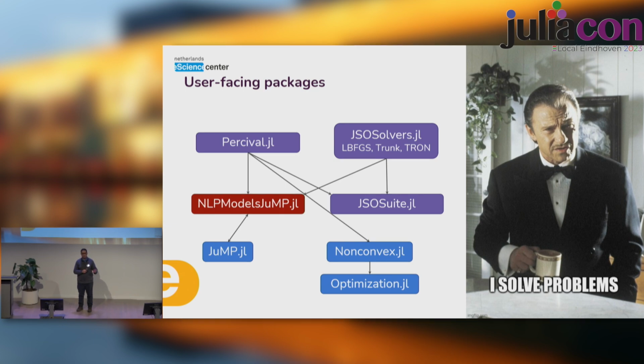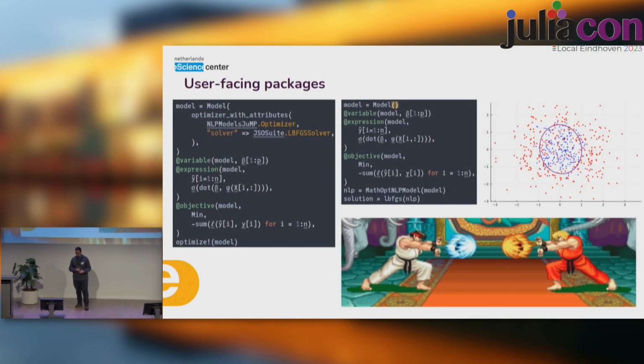So you don't have to worry a lot about our API if you just want to use Percival. And finally, one new addition is JSOSuite. It's a newer thing. JSOSuite is our version of a user-friendly package that deals with optimization. We'll get there soon enough.